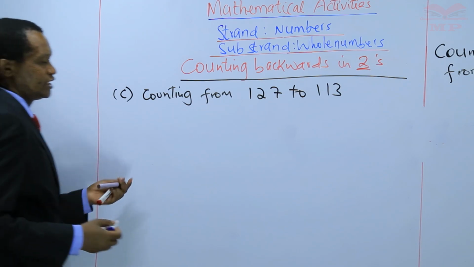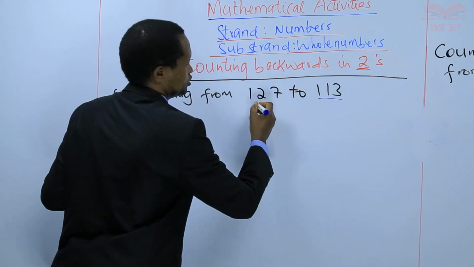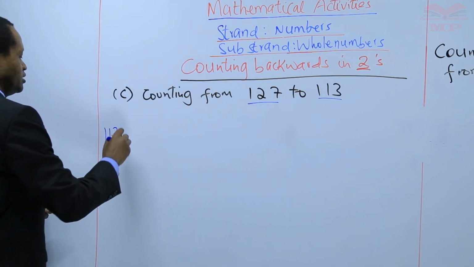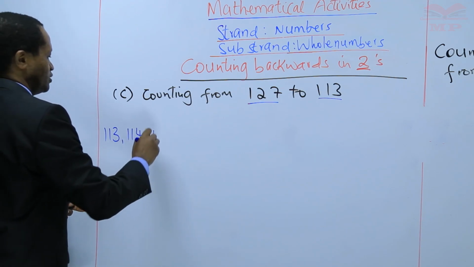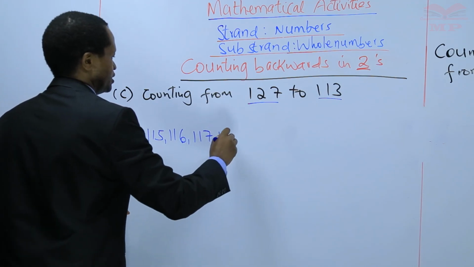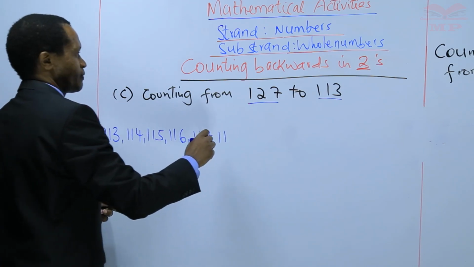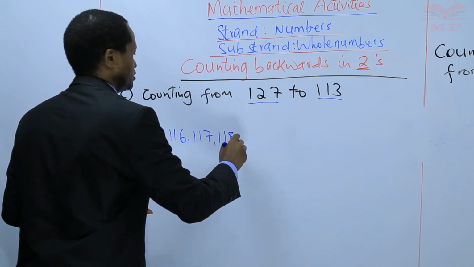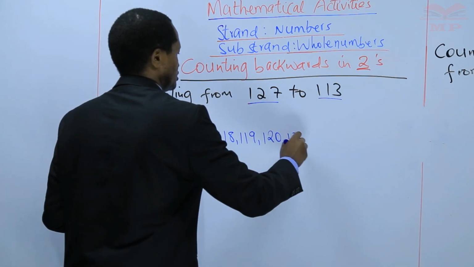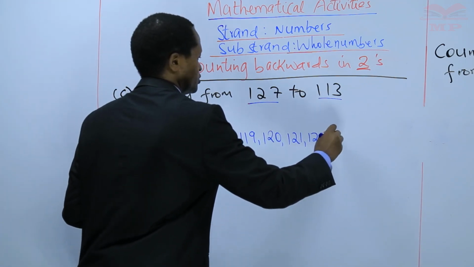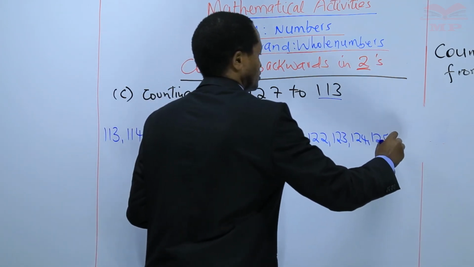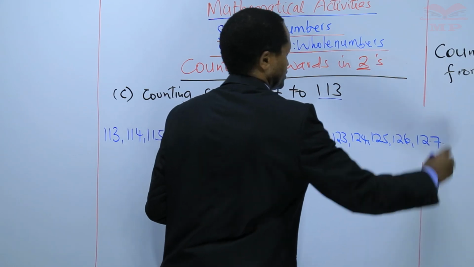So we first put down the numbers from 113 to 127. We start with 113, 114, 115, 116, 117, 118, 119, 120, 121, 122, 123, 124, 125, 126, 127.